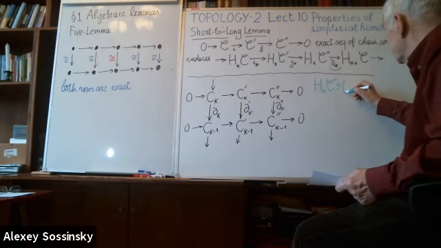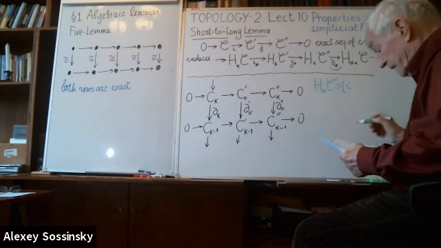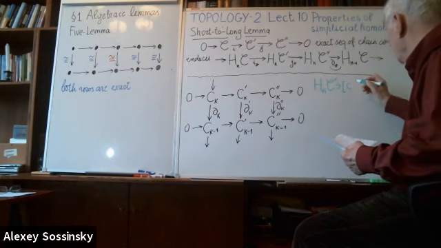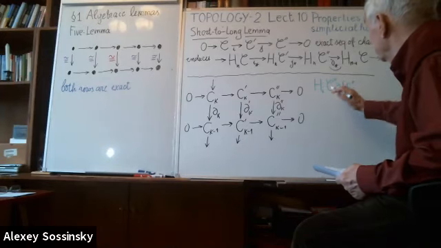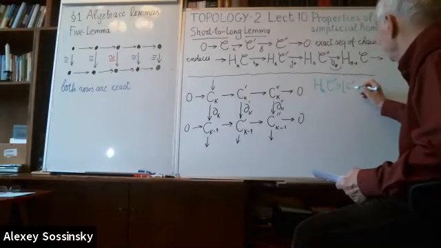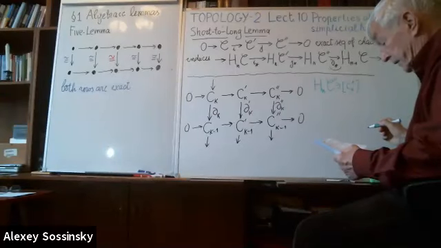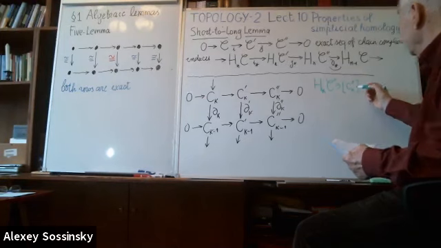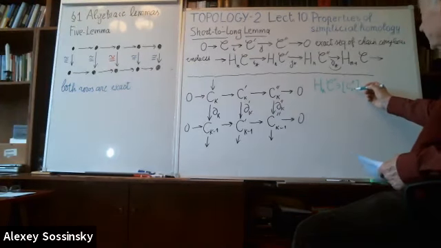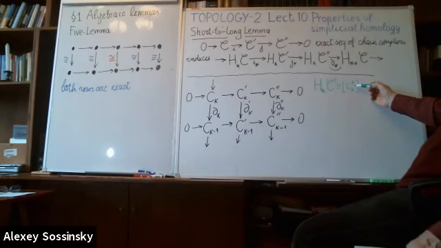So this element has the form C double prime K, where C is a cycle, D double prime K of CK is 0.